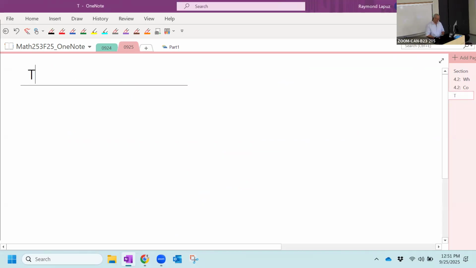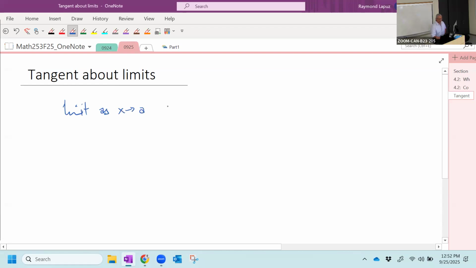No, that's so lame. Like that's our favorite calculus teacher joke. Let's go on a tangent about limits. All right, so we say the limit as x approaches a of f of x equals L. Just put words here.